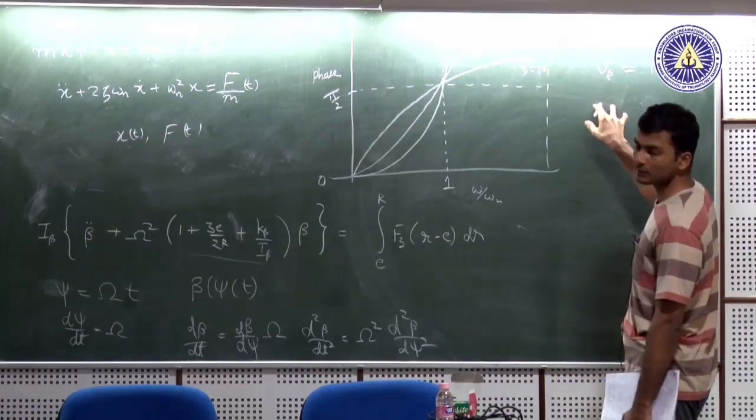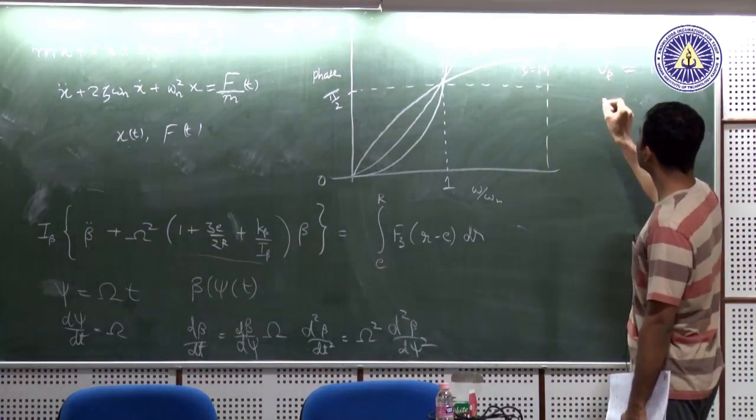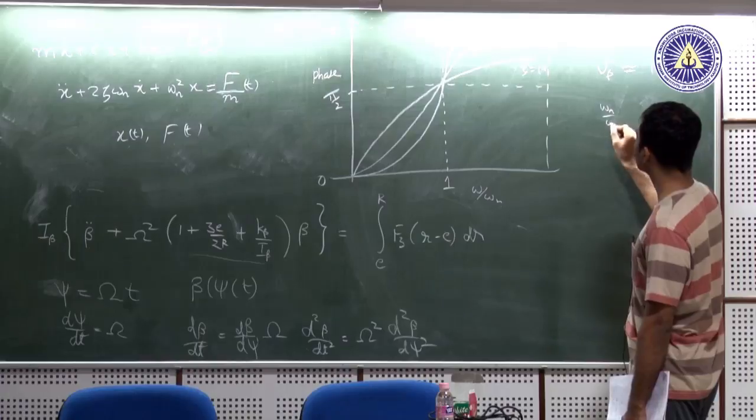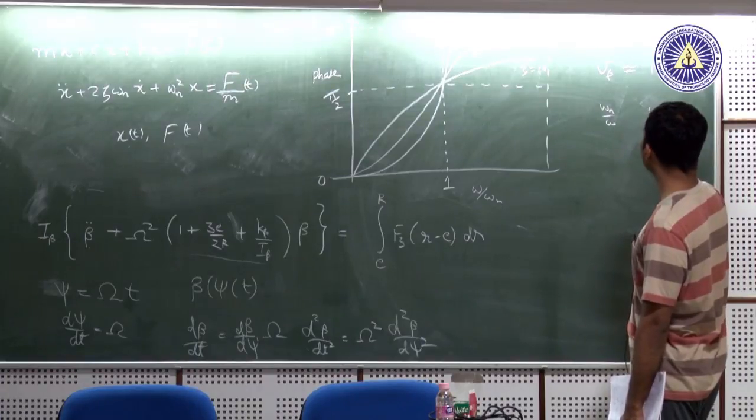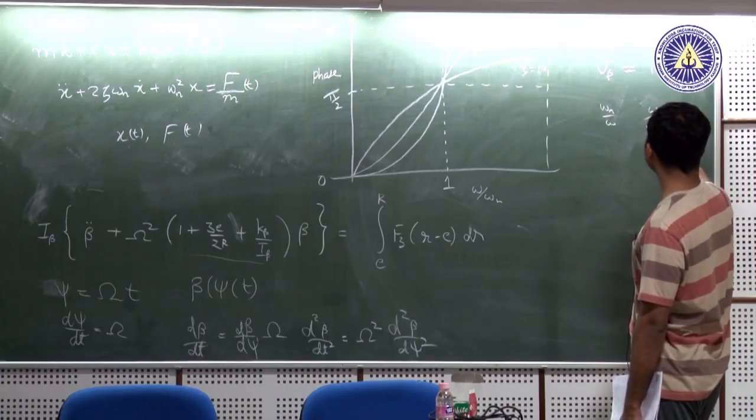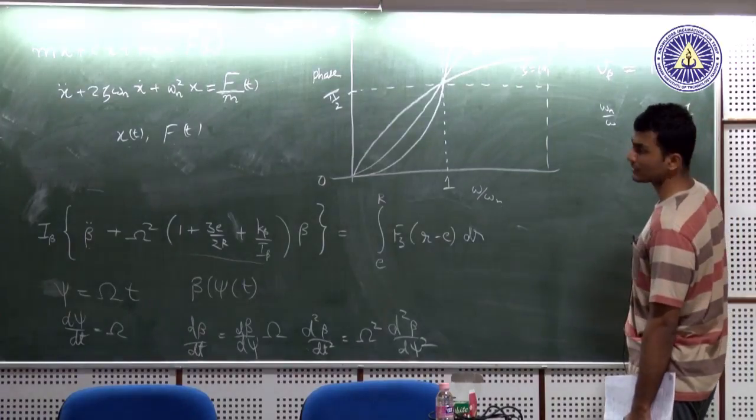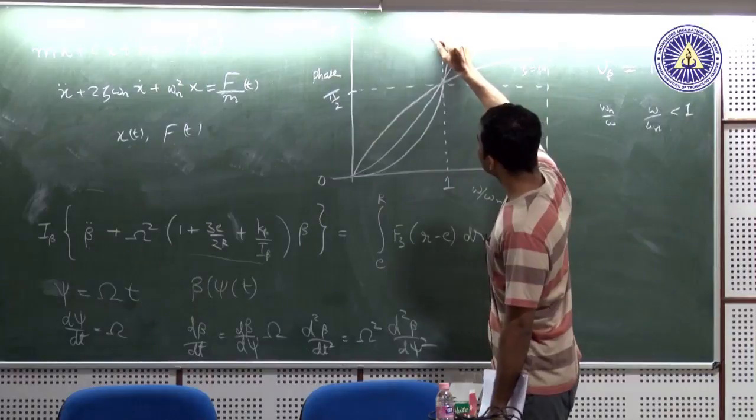Okay, so nu beta is nothing but the natural frequency to the forcing frequency. Okay, so this is like omega n by omega. So my omega by omega n would be less than 1 but very close to 1. So it would be something like over here.